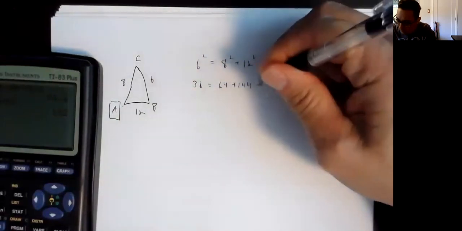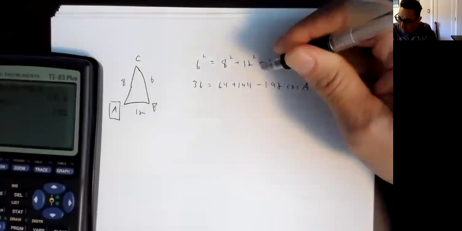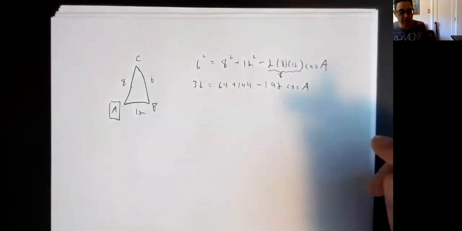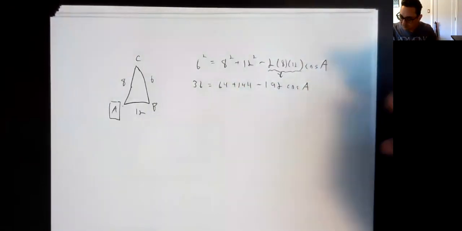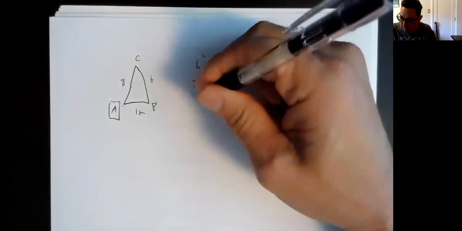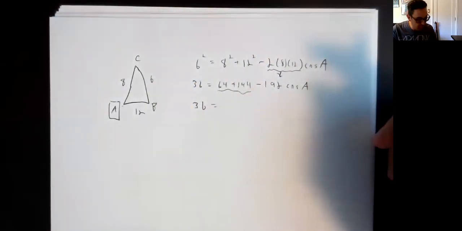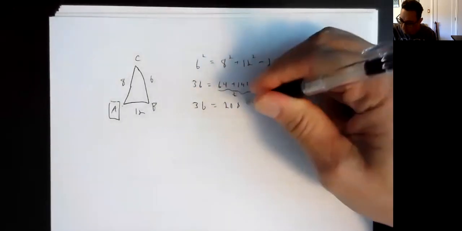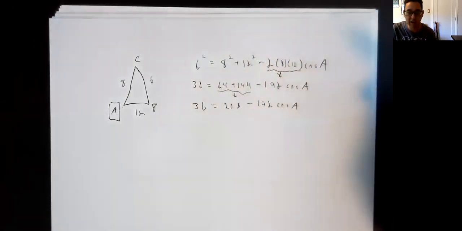That's going to be negative 192 times the cosine of A. I just multiplied these three numbers together to give me 192. It's negative because it's negative 2. Now I can add these two numbers together. So 64 plus 144 is going to be 208 minus 192 times the cosine of A.